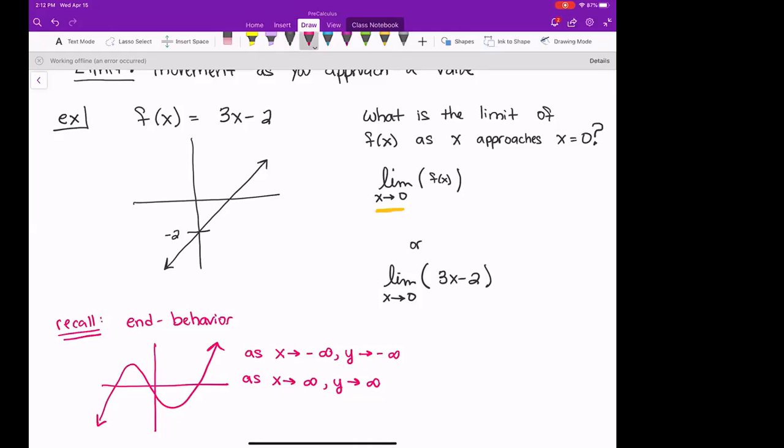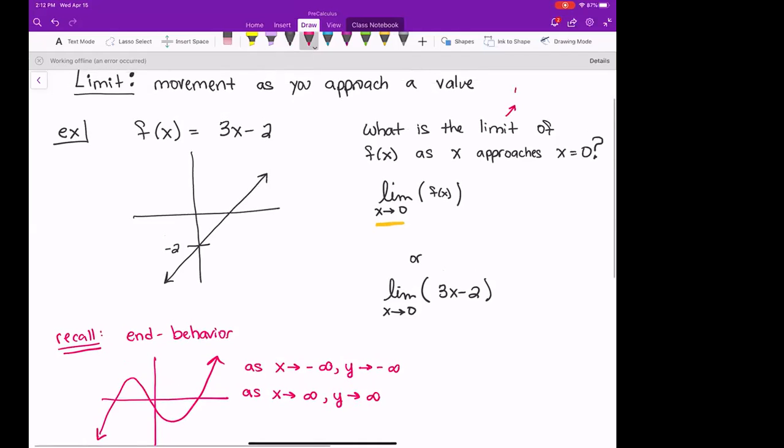The limit is asking what y value does y get close to as x gets close to, or approaches, whatever number you're looking at? In this case, we're looking at 0.